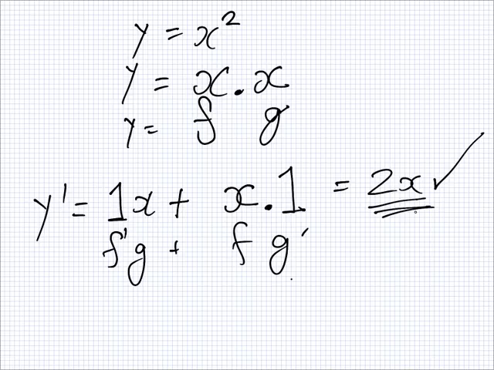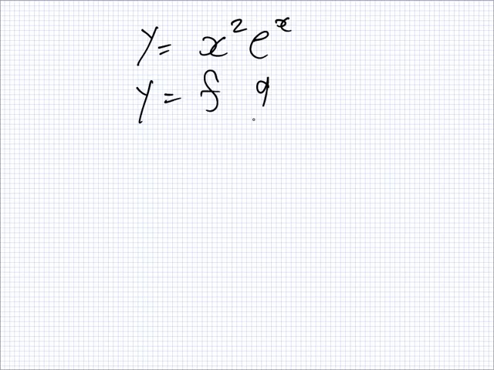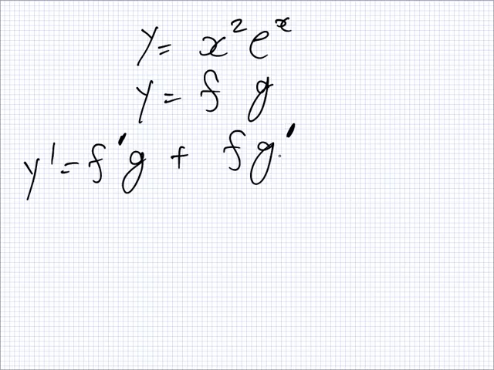So let's use it for something where we don't know what the answer is. Can I scroll down? Yeah. So let's say something like what we had at the very start. x squared ex. So this is f and this is g. So the rule is, first we need f derivative g plus then we need fg derivative.